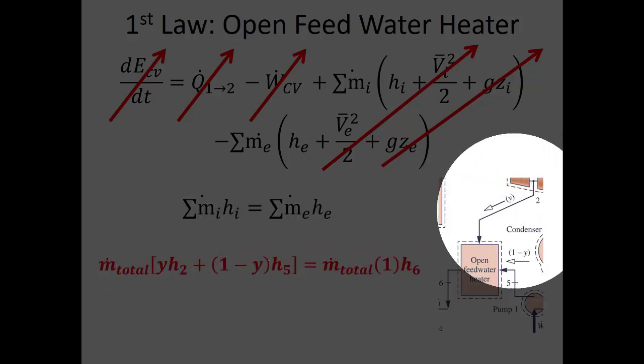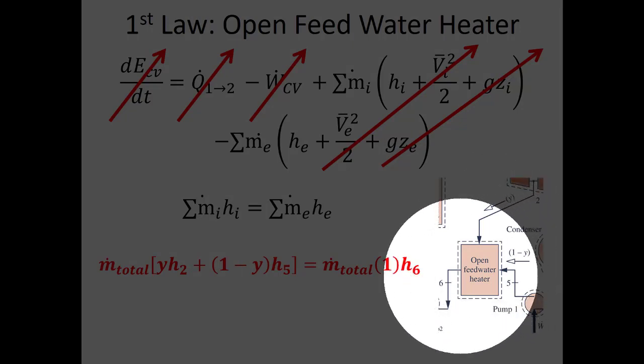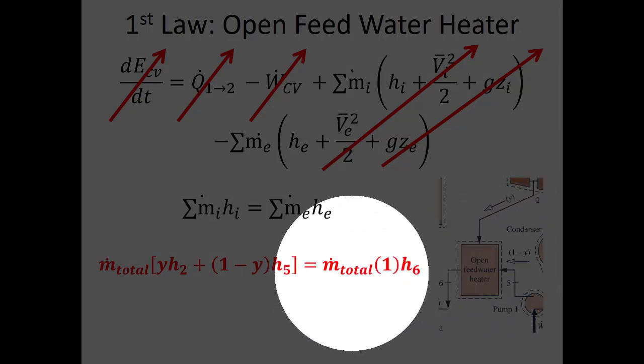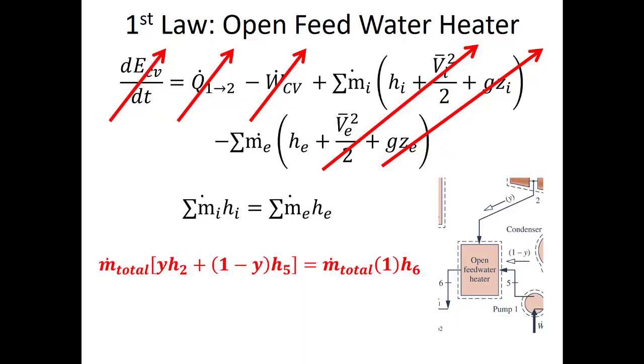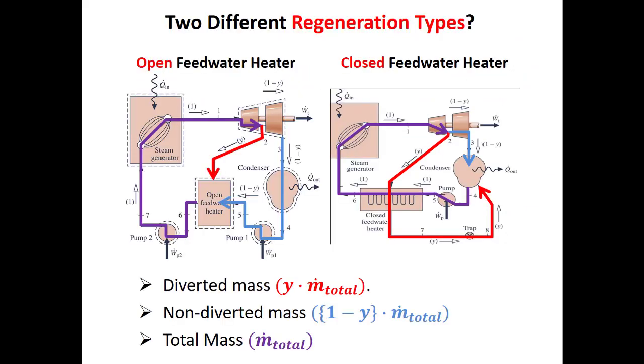So that's these two inlet ports. And then the outlet is just m dot total. It gets the whole mass flow rate, so this is times 1, and then we multiply by the enthalpy at h6. So here, if I knew h2, h5, and h6, then I could find y. Or if I knew y and I could find h2 and h5, then I could find h6. So that's how we deal with the open feedwater heater.